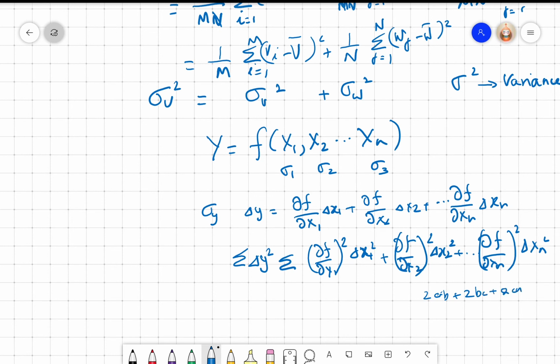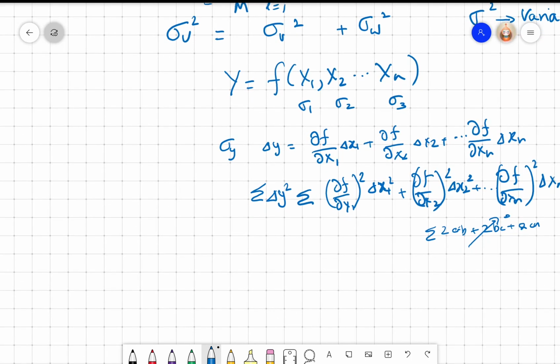All the other products, when I sum up, I am summing up delta x1, I am summing up delta x2. So all cross products will go to 0 because I am summing up through the entire set of measurements, and these are deviations. And what we said, sum of deviations equal to 0, right?